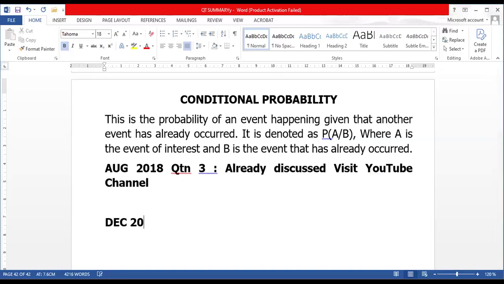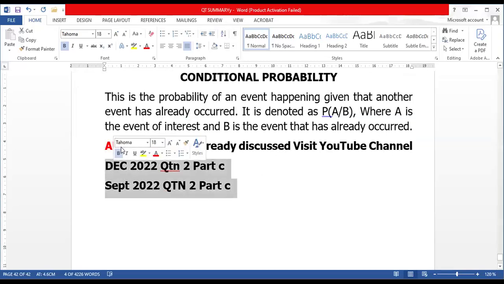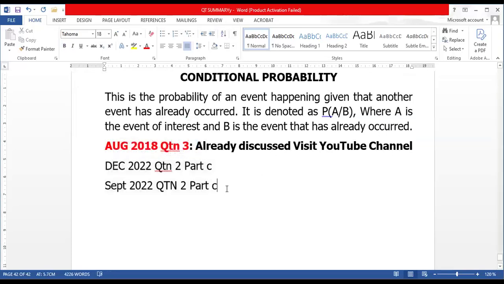Then now we are going to look at December 2022, question 2, part C. Then we are also going to discuss September 2022, question 2, part C. Very, very easy when you understand the steps that we follow to answer a question that involves conditional probability.